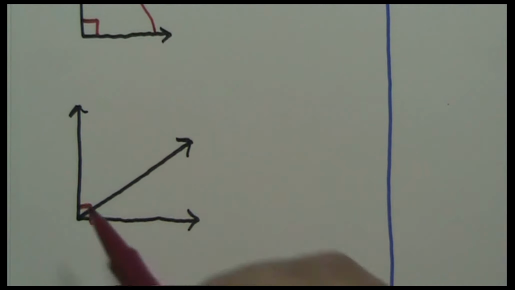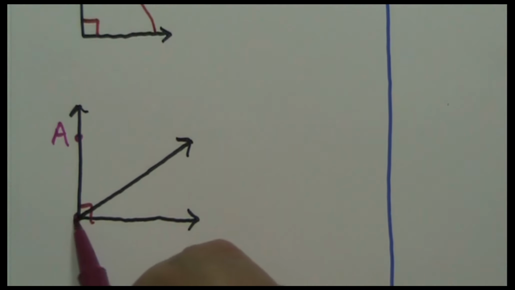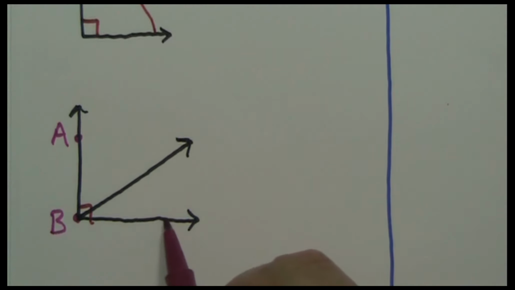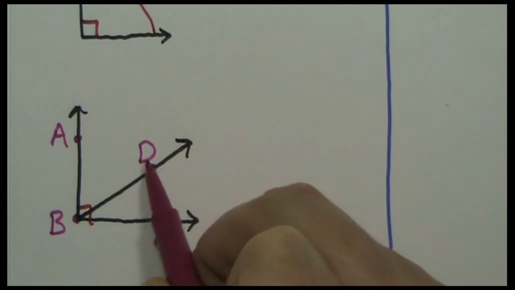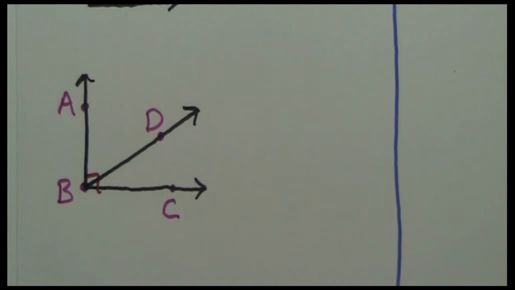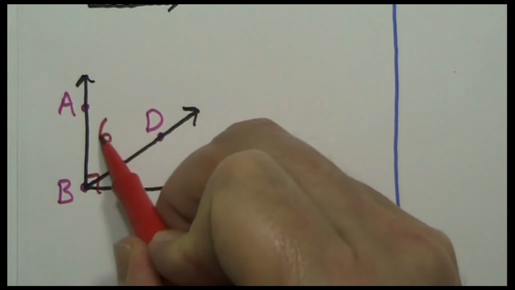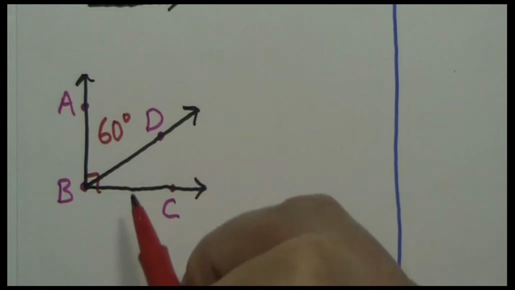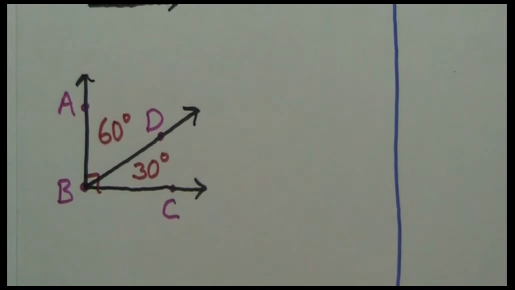And so this point, we'll call it A, this point B, this point C, and this one D. And then let's say that this angle right here is 60 degrees. And this one here would be 30 degrees.